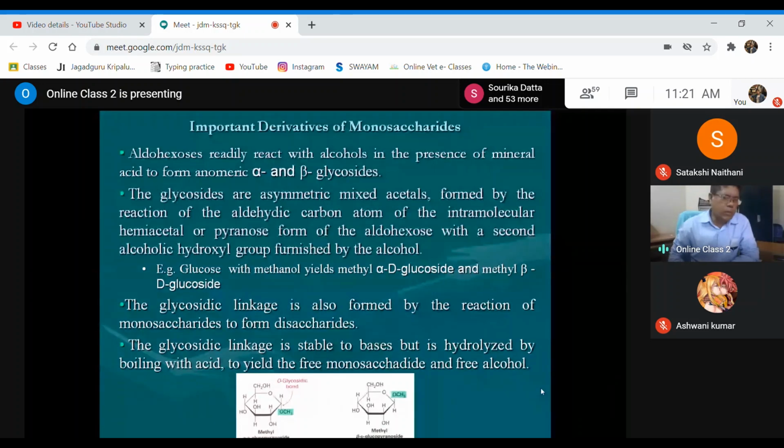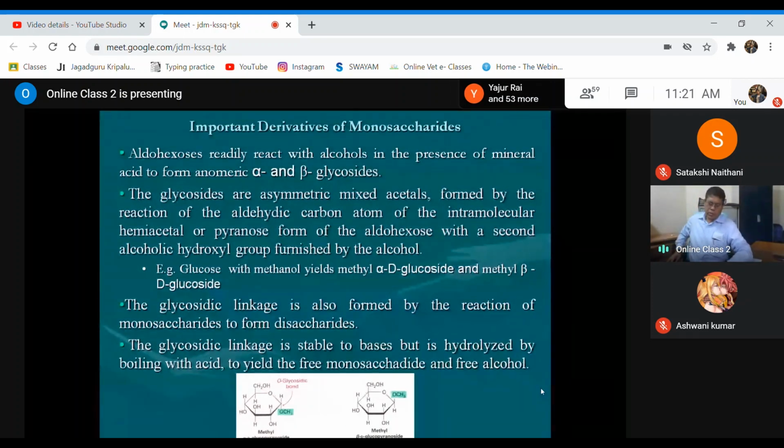So last time we discussed up to the reactions of the monosaccharides. We discussed the action of acids: if monosaccharides are treated with concentrated acid, what products we get, like furfural or hydroxymethyl furfural, for pentoses or hexoses.